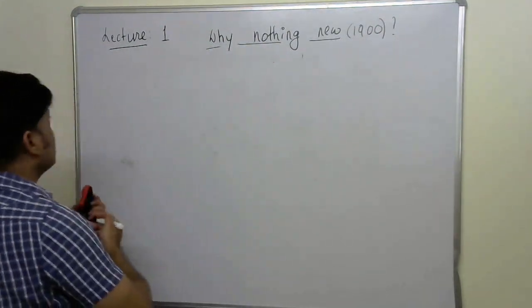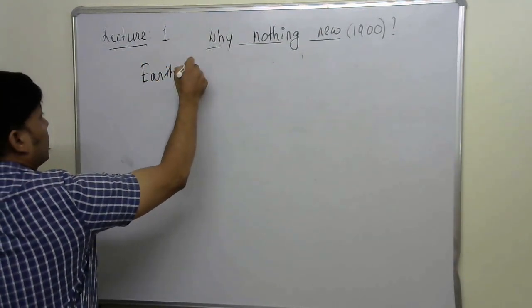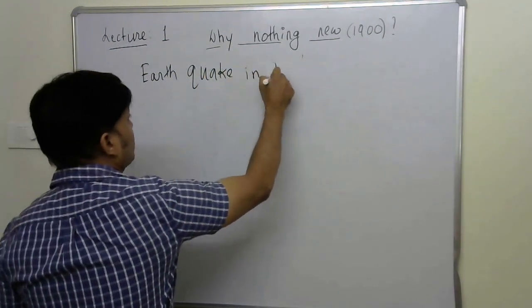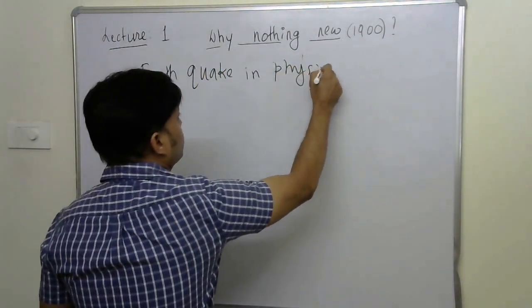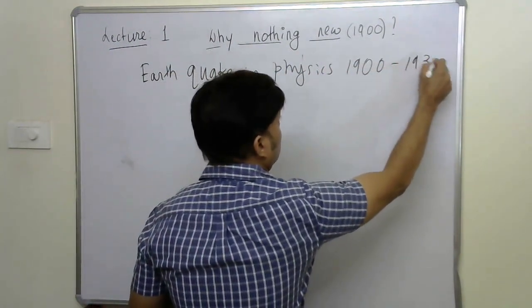In other words, this is called an earthquake in physics. That took place during 1900 and 1930.